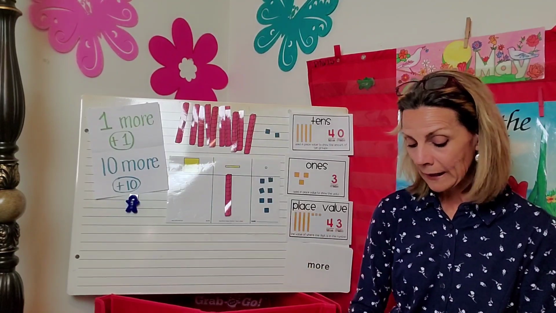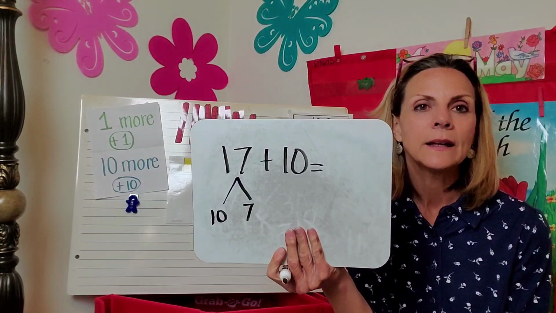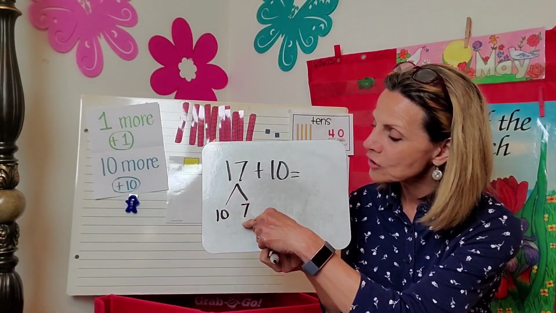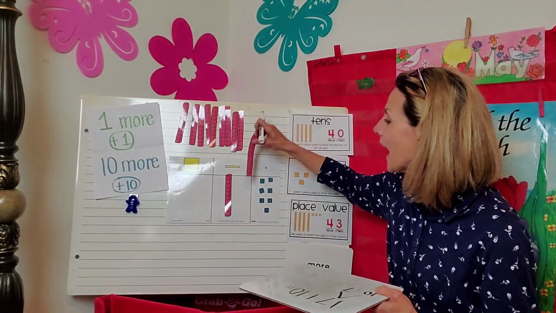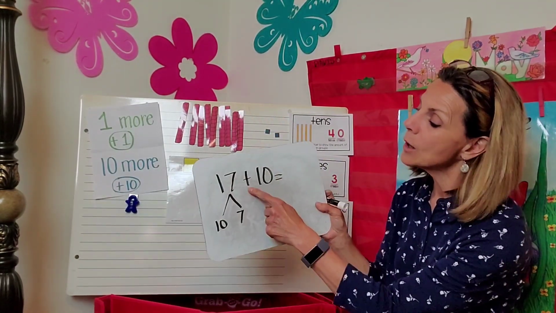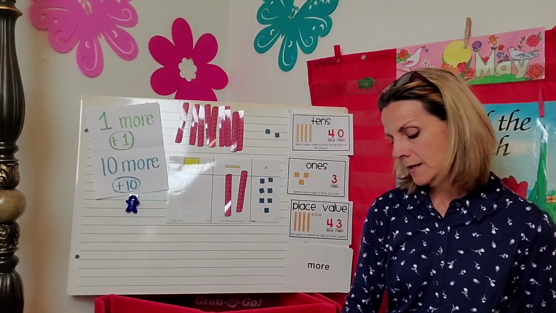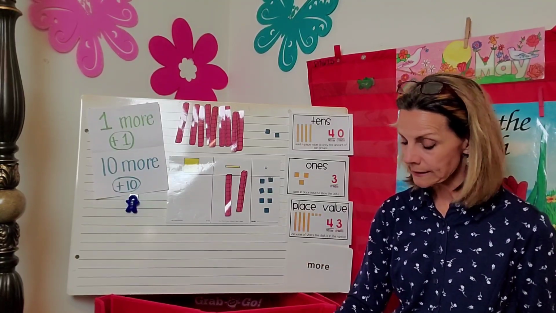Okay, so breaking apart 17 using a number bond to pull out the value of the tens position and the value of the ones position. Then I'm going to go ahead and add 1 10 because we're saying plus 10. Okay, then I'm going to add 10 plus 10, which equals 20.